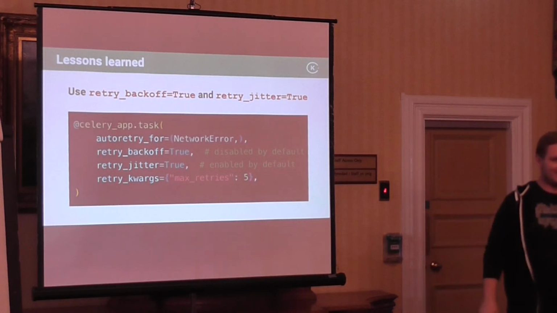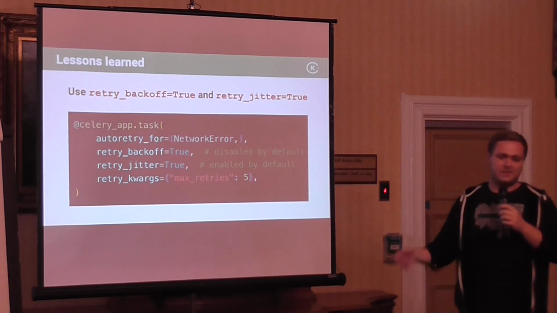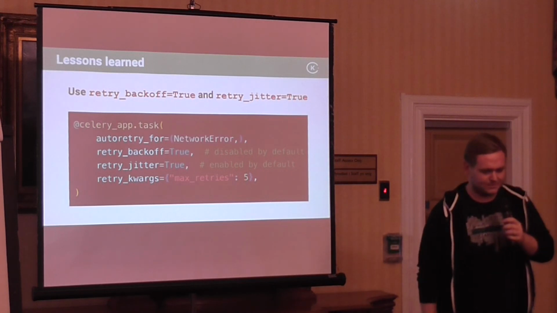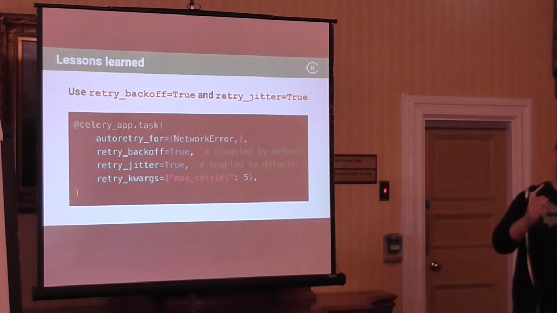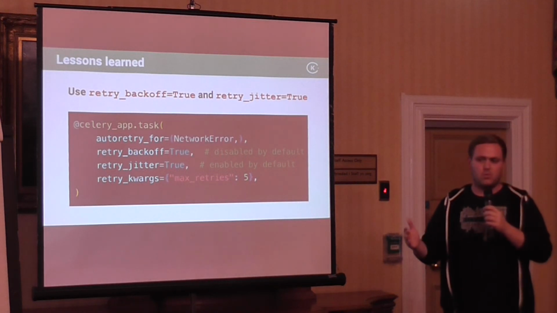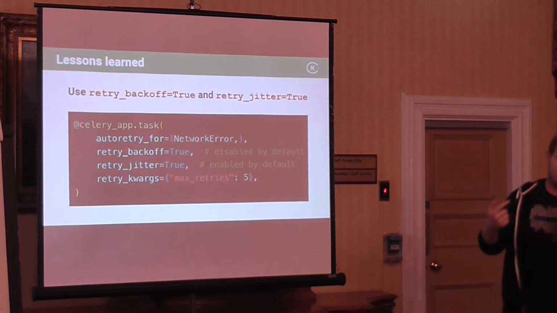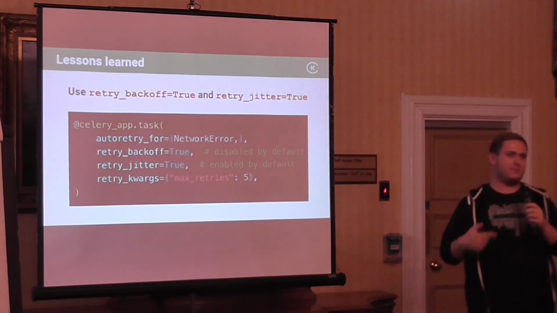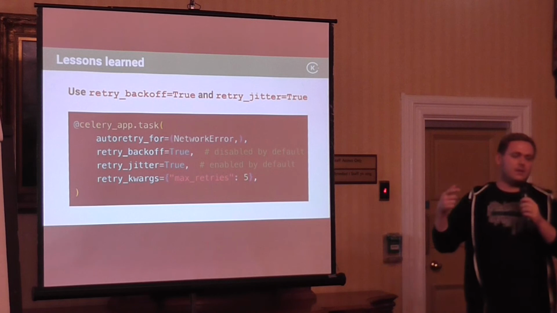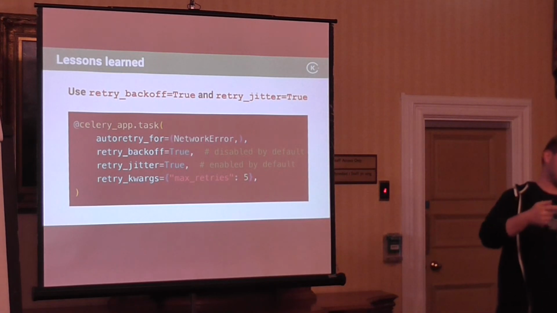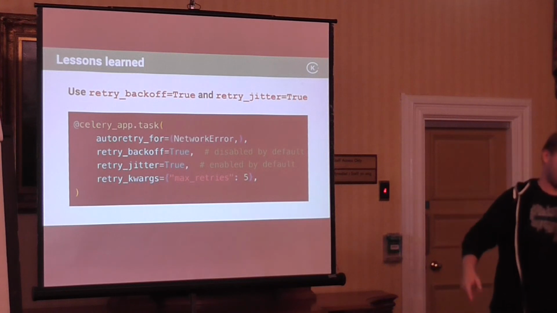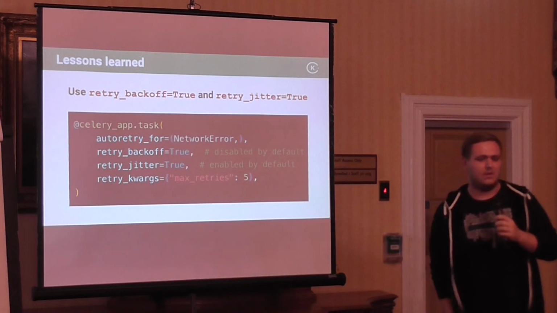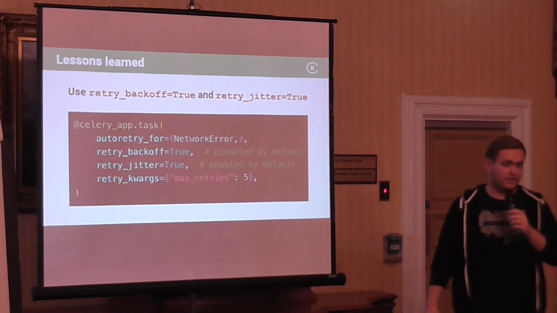Hey, something more. Retry backoff and retry jitter. With retry backoff, this will slowly increase the time between each try. So when you're trying the endpoint, for example, when you're communicating with another service, it will wait with the next call a second longer, then 2 seconds, then 4, then 8, and so on, until you hit the retry limit.